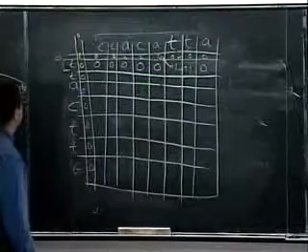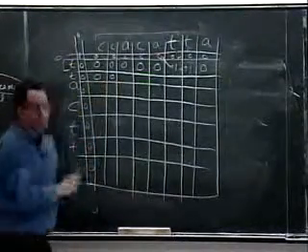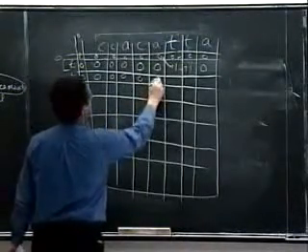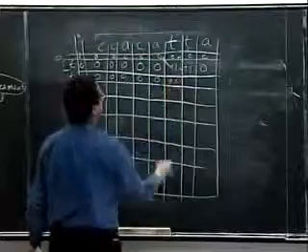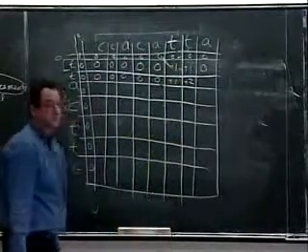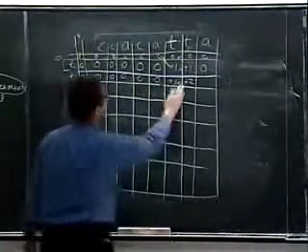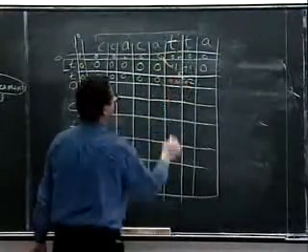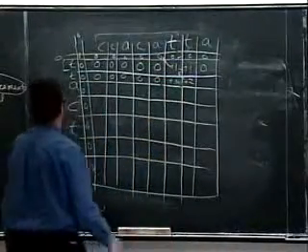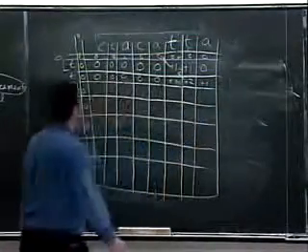Let me see if I can speed this up a bit. 0, 0, 0, 0, 0, 0, plus 1. Okay. And now it's going to be plus 2. We go that way for the plus 2, and then this would be a plus 1.